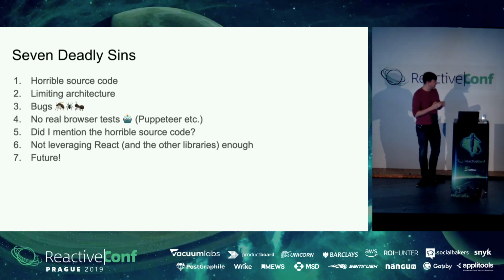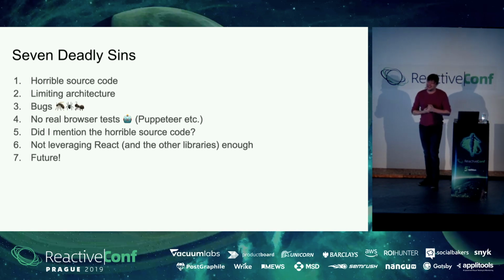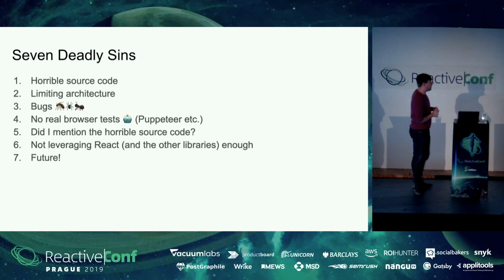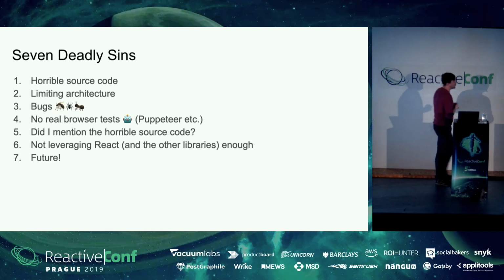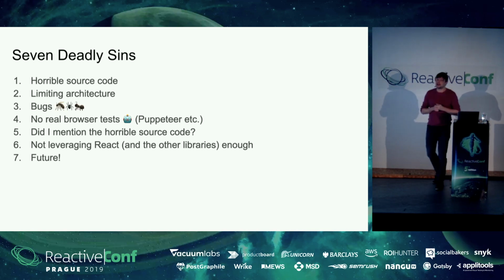But number five, horrible source code, and it's not clean code. It's just the means. It's not our goal. Our goal is working code. But content editable is a really complicated state machine, and for that task we would like to have the best code possible ever. And last but not least, React.